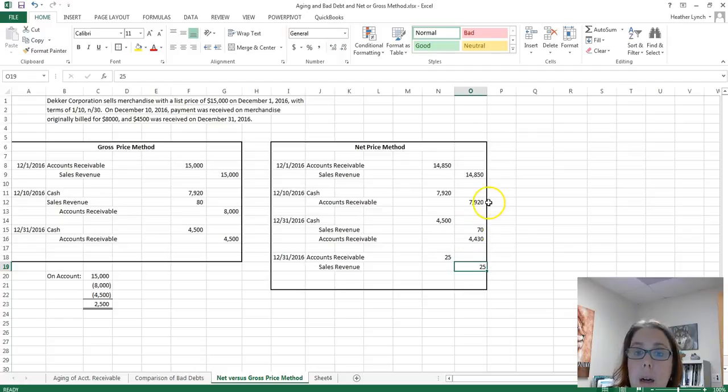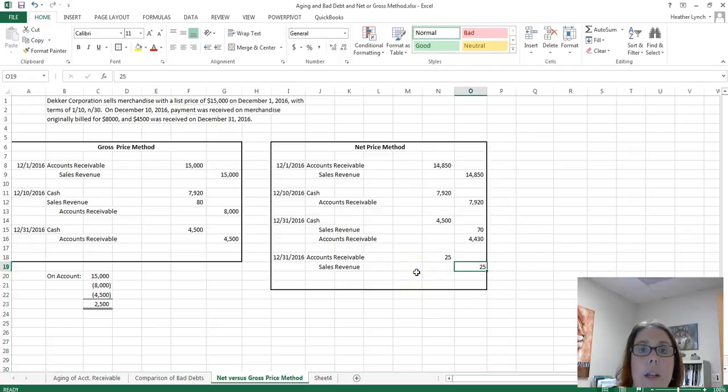Again, with the net price method, we assumed they were taking the discount, so we did the credit for sales revenue at a discount. Here we were able to increase our revenue by $70. Here we were able to increase our revenue by $25.